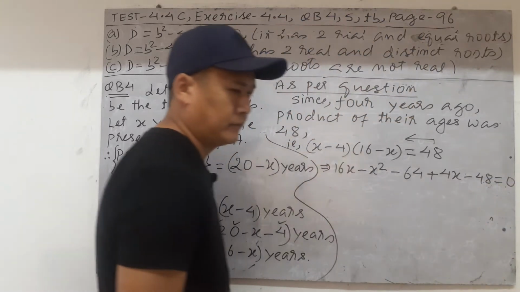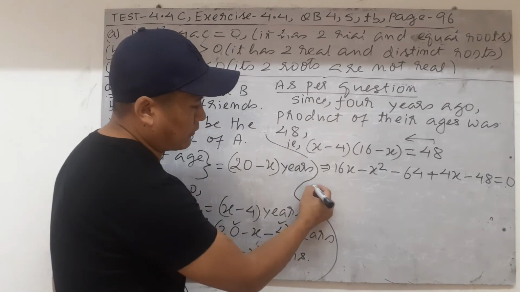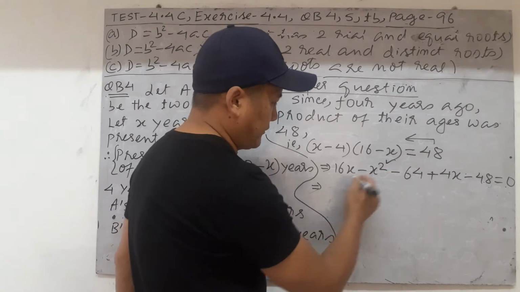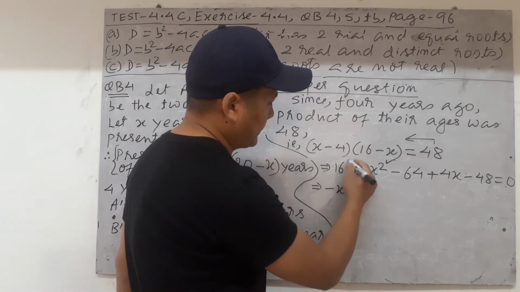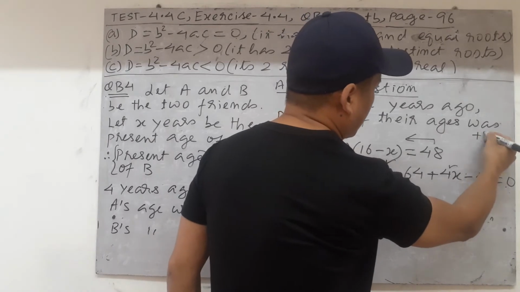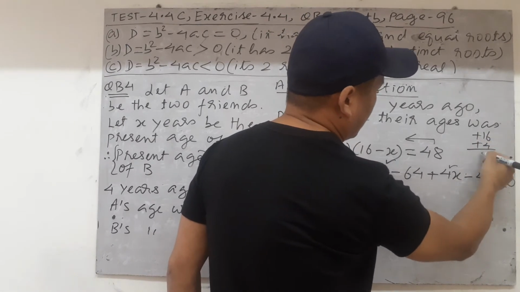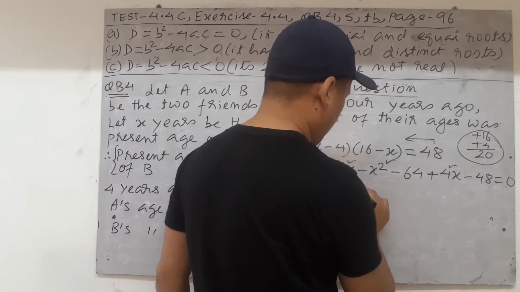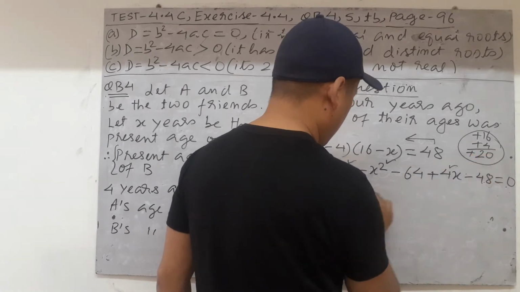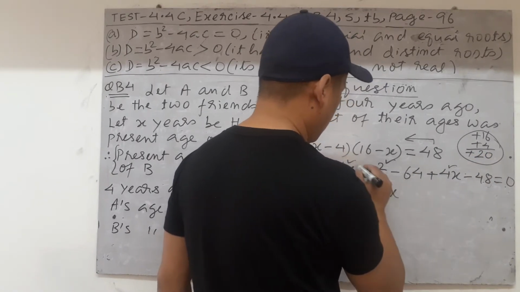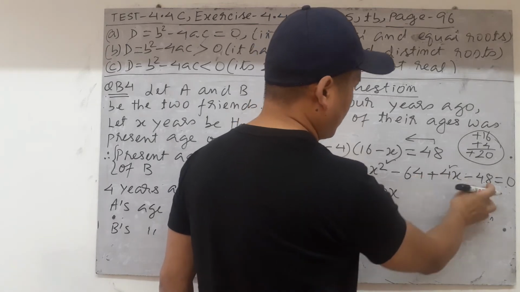Then you can bring this from the left side to the right side, and plus 48 becomes minus 48 equal to 0. Now let us arrange like a normal quadratic equation with the x squared term written in first place, so minus x squared, plus 16x plus 4x is plus 20x. That's 2 done, then minus 64 minus 48.